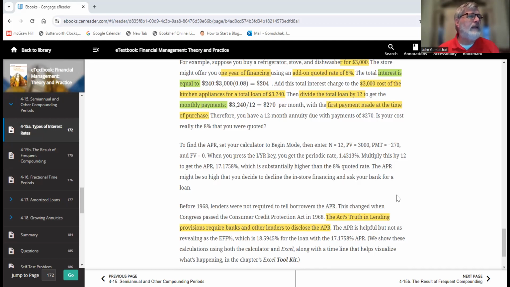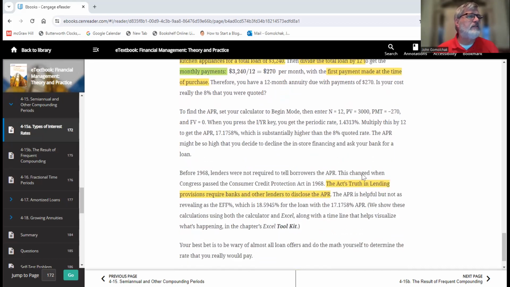Effective annual rate, let's see what they're going to give us here. Give me a second here. All right, so I'm going to show you the way that I did this to create the annual percentage rate.